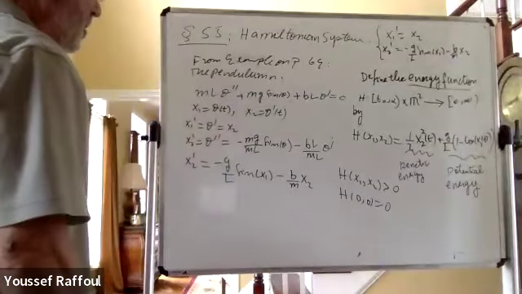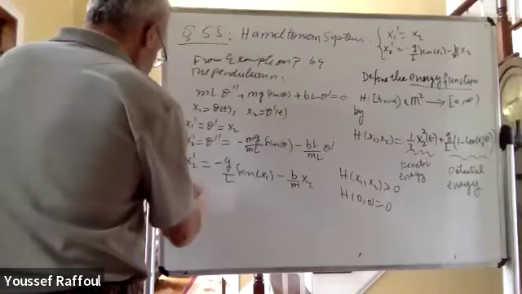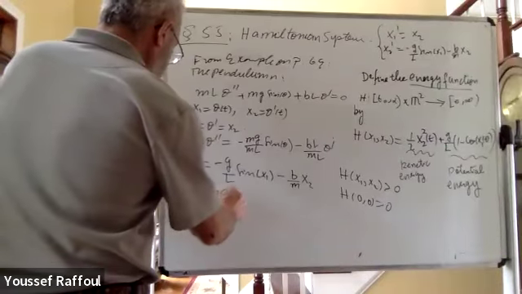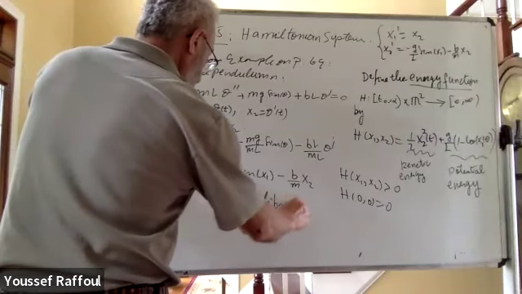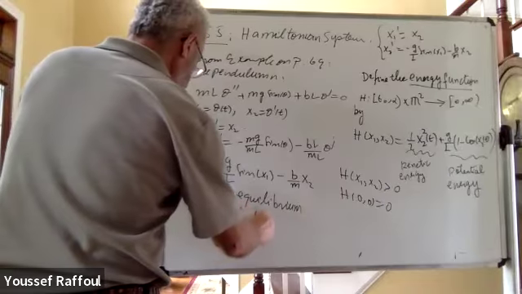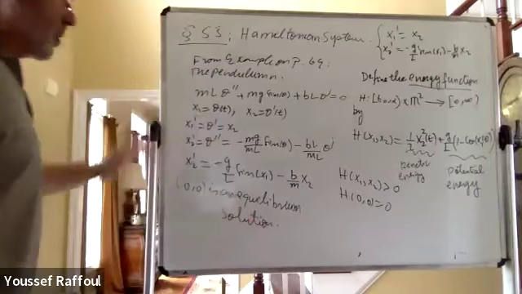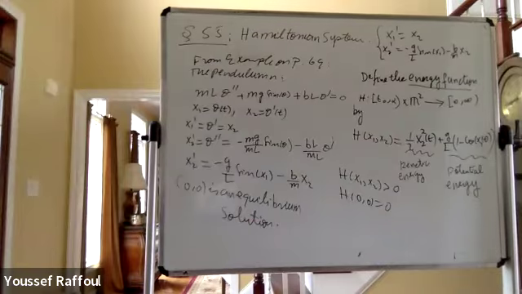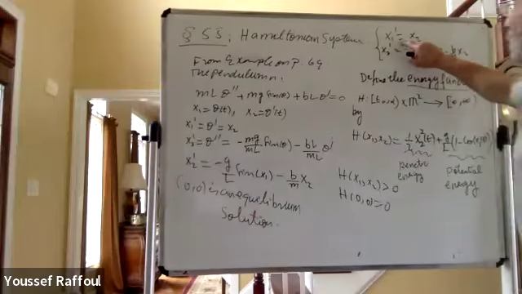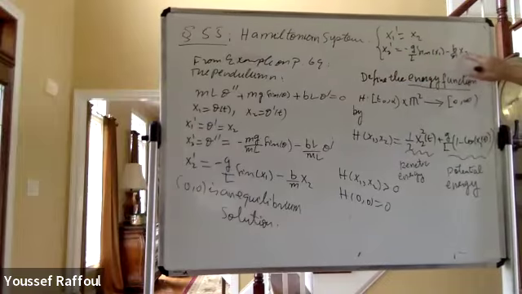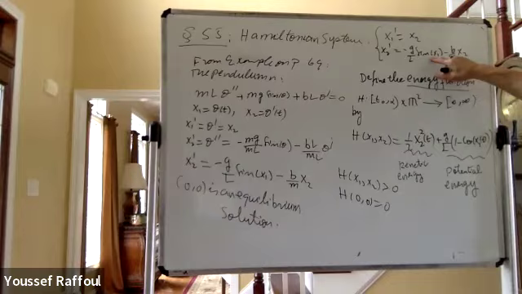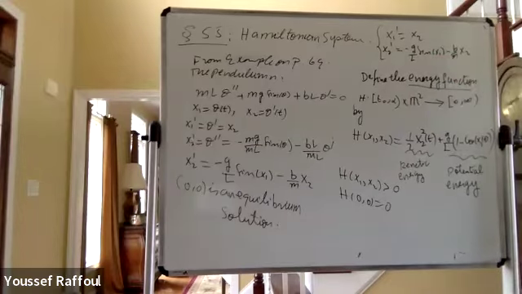And notice 0, 0 is an equilibrium solution for the system. Why is that? If you set x1 prime equal to 0, you get x2 equal to 0. You set x2 prime equal to 0, but x2 is 0, that means sine x1 is 0, so x1 is 0.